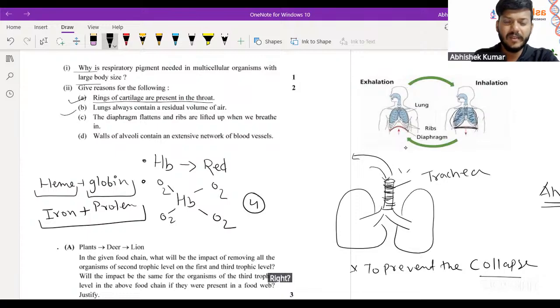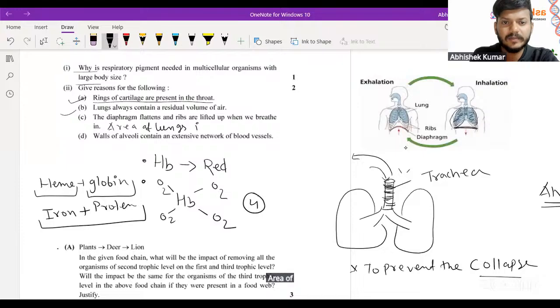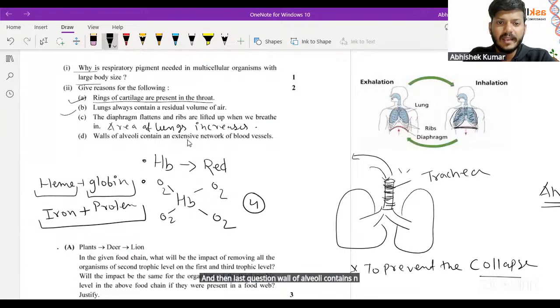So the diaphragm flattens and ribs are lifted up when we breathe in, and the area of the lungs increases. Clear?